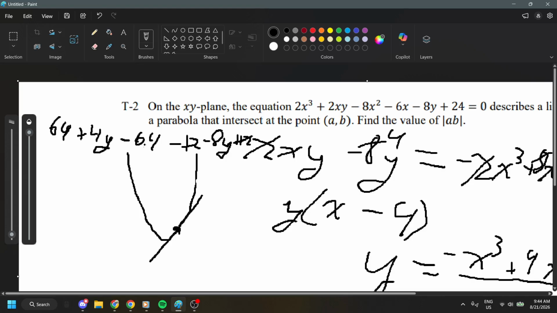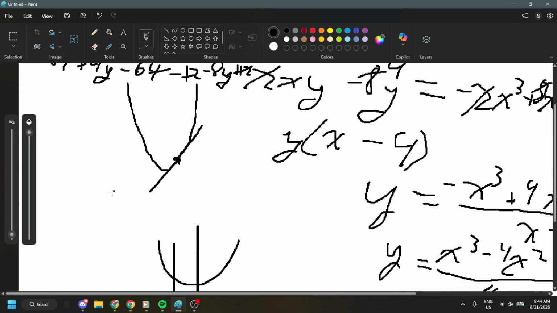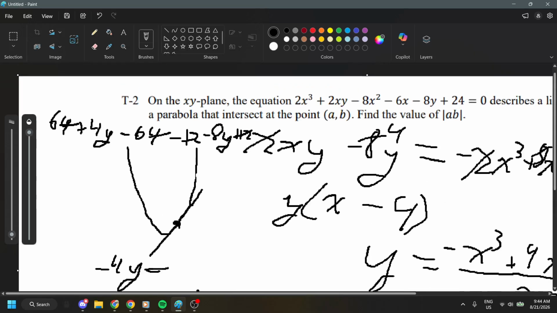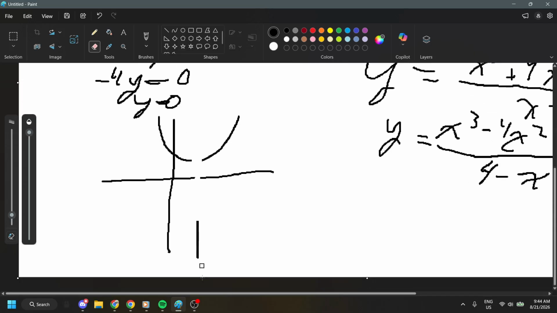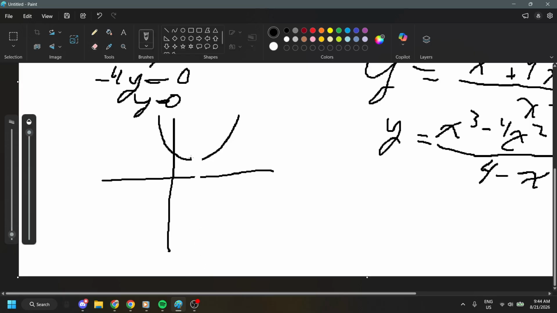So these two again cancel out, these two cancel out. So we get negative 4y is equal to 0. So y is equal to 0. Okay. So when x is equal to 4, y is equal to 0.